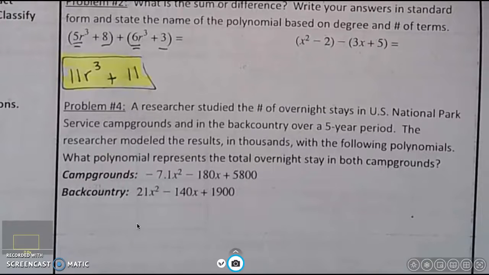What? Wait, why is it second? Oh, no. X is second power plus 3x. It's going to be minus. Look at the minus. Yeah. So it's... The 3 is incorrect.